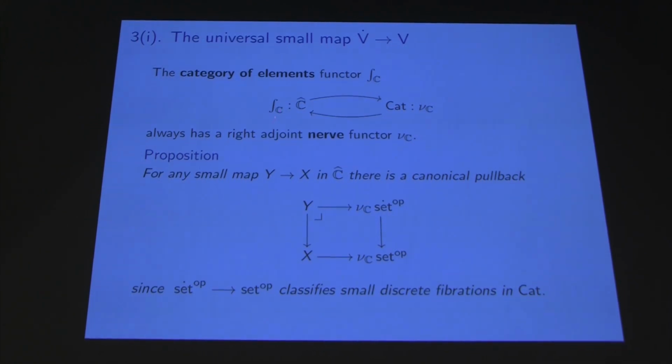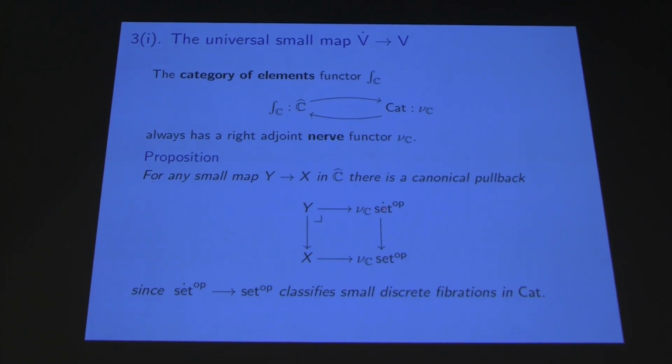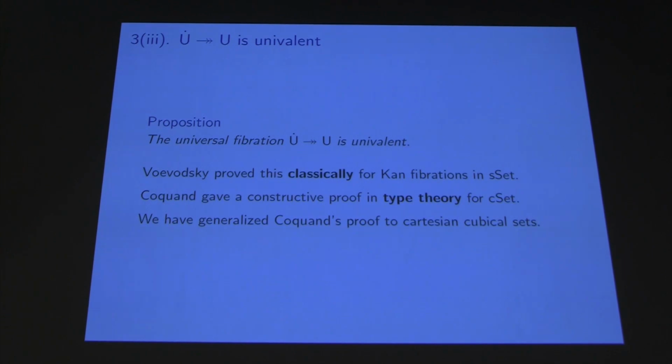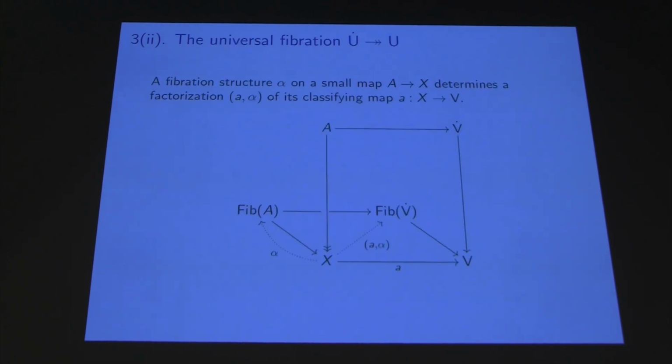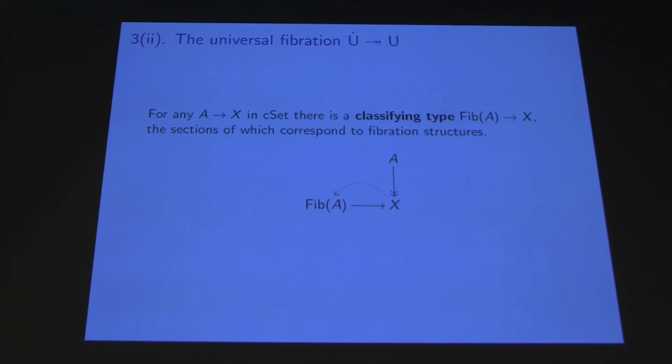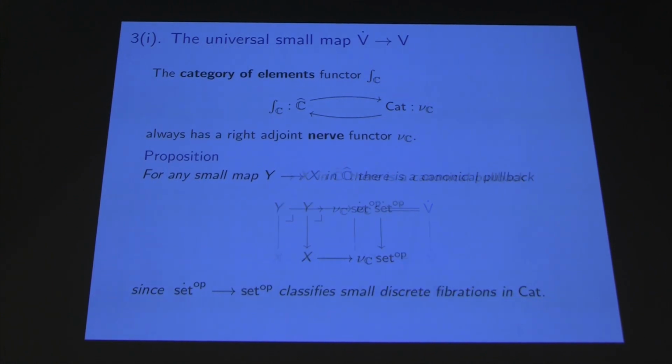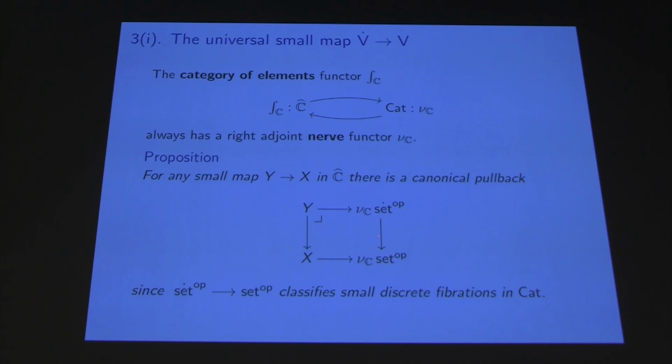That right adjoint nerve functor, now let's apply it to sets, or small sets, pointed sets, projecting down. So this gadget here is the discrete fibration classifier in Cat.